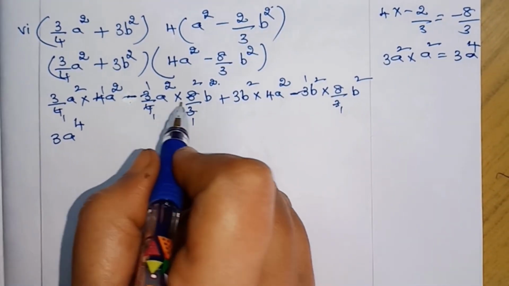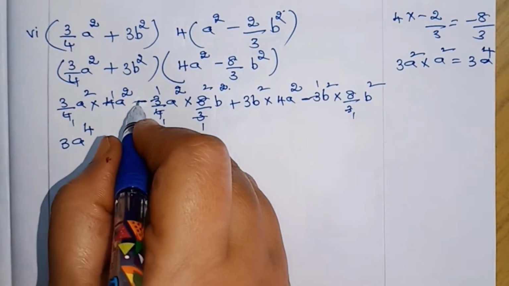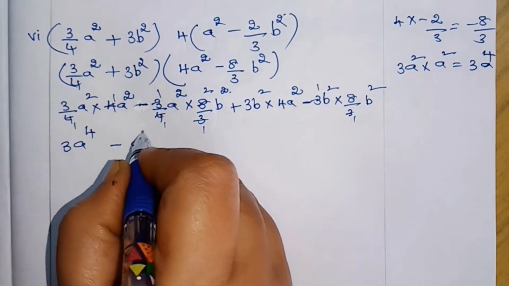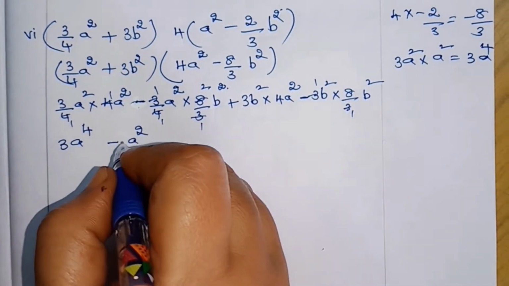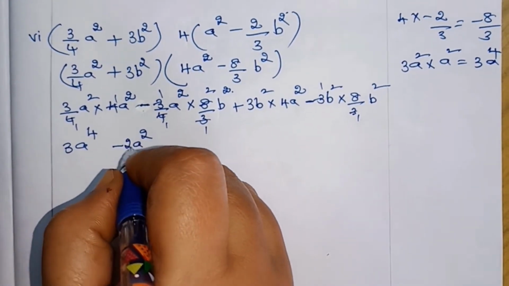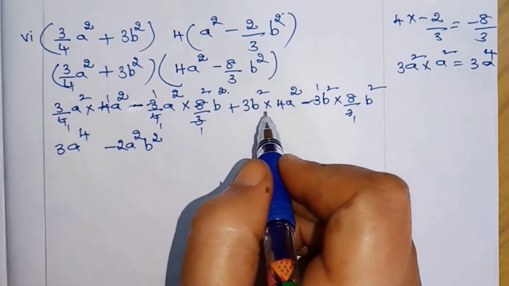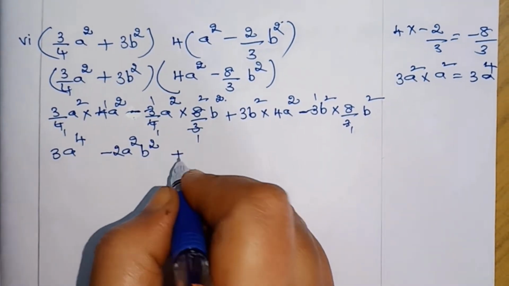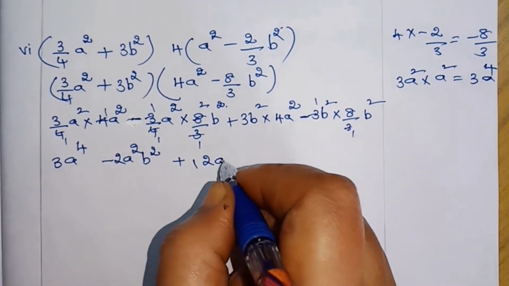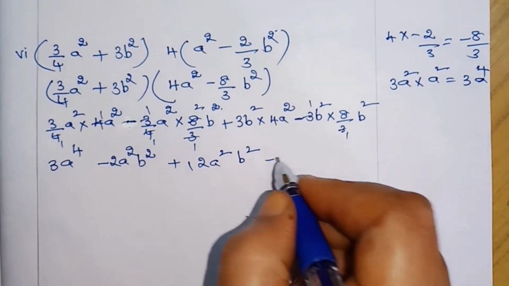Now, here what is remaining? A square, b square. It is minus a square, here 4 ones, 4 twos. So it is minus 2a square b square. 3 4s are 12. B square a square or a square b square, both are same. So we write it as plus 12 a square b square. Now what is remaining here?